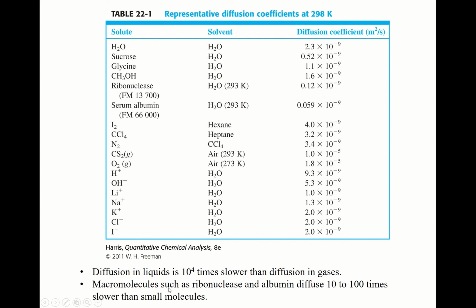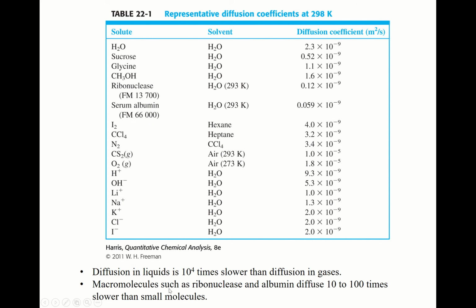And macromolecules such as ribonuclease, this is a macromolecule whose formula mass is 13,700, and also serum albumin, a much larger molecule whose formula mass is 66,000.